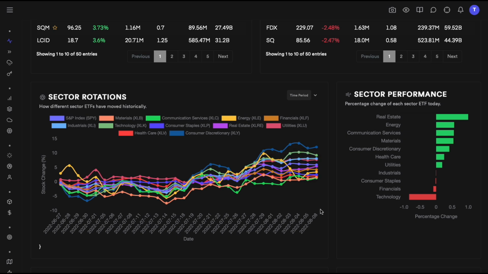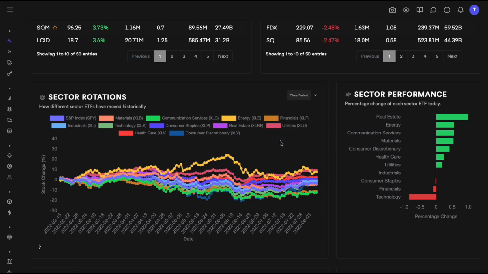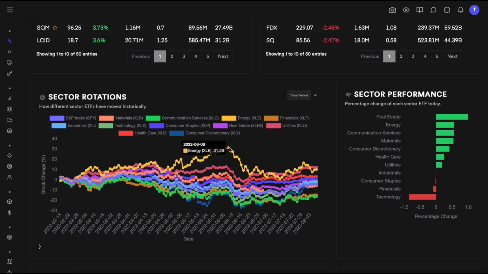Another thing on the opposite side is you can actually look at the sectors that are lagging, and a good one these days is energy. So the energy sector has been leading for a while. You can see if you look at the last 120 trading days, energy was significantly higher than any other sector for a while.